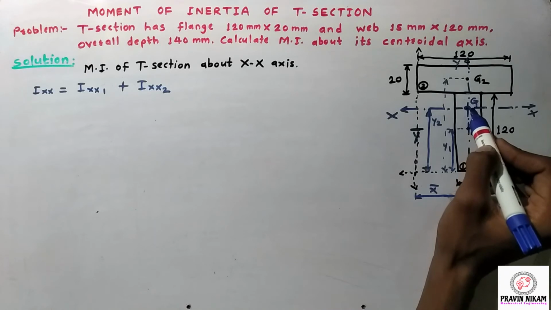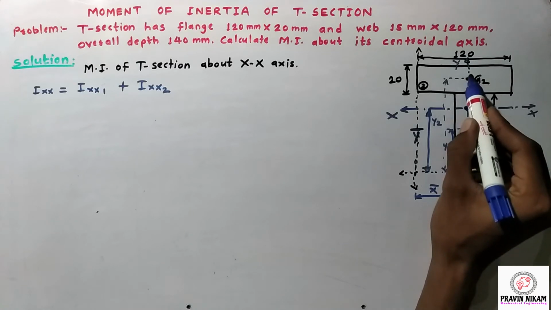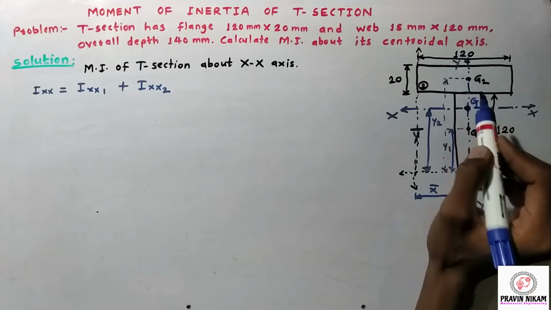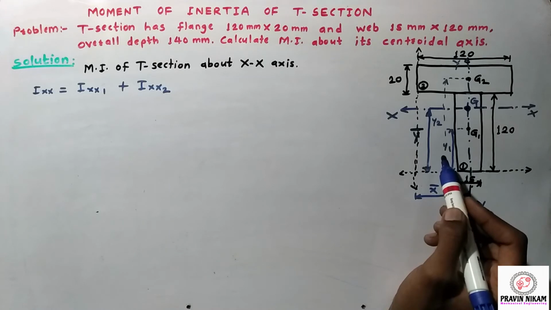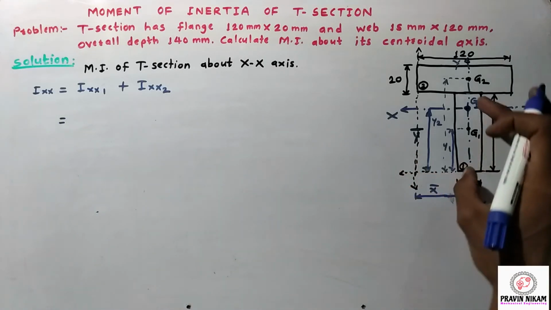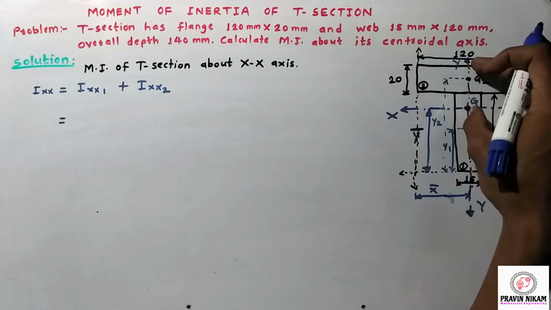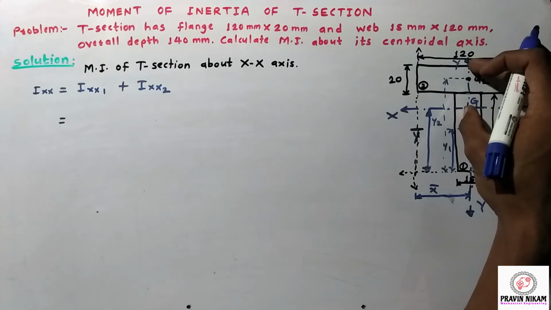So if there is a distance between the main centroid G and the centroid of each section, then use the parallel axis theorem. For section 1 and for section 2, use the parallel axis theorem separately.